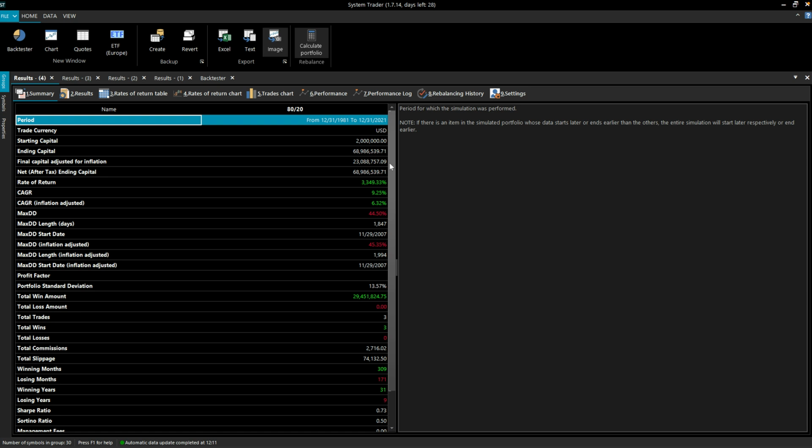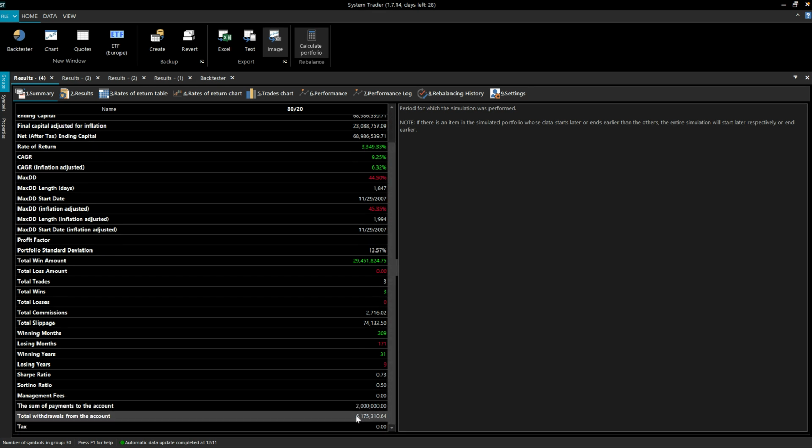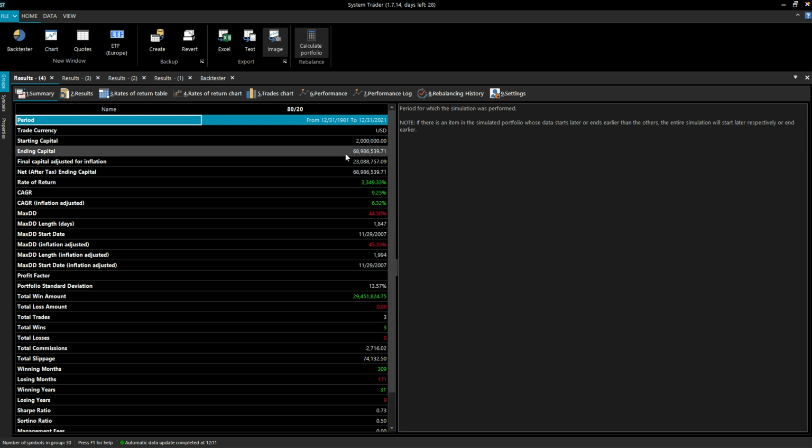So as you can see, really, also the luck factor is important in the investment, although maybe this statement is not very popular. And by the way, you can see here that the total withdrawal from the account was over $6 million. We had a starting capital, 2 millions, and still we made at the end almost $70 million. Of course, in real terms, it's much less, as you can see here.